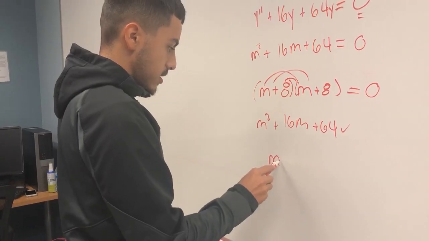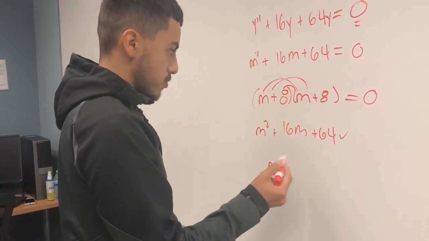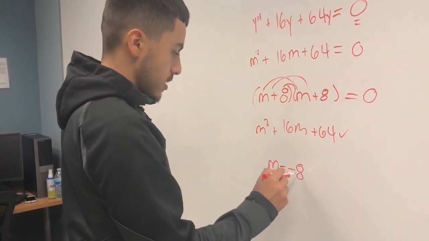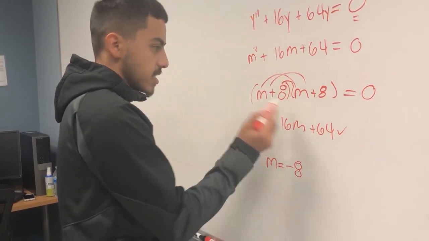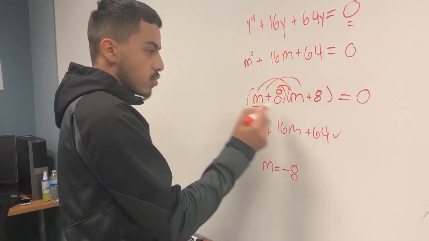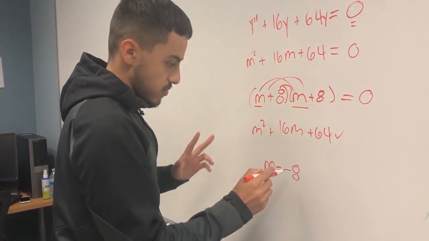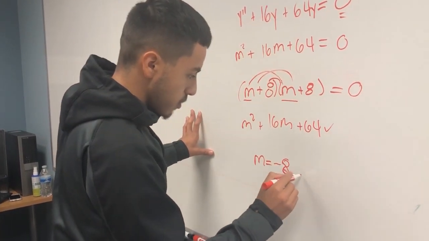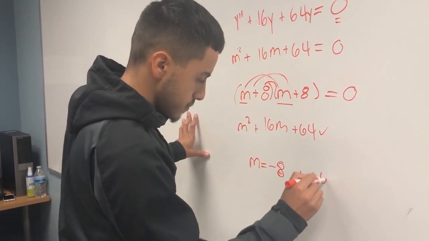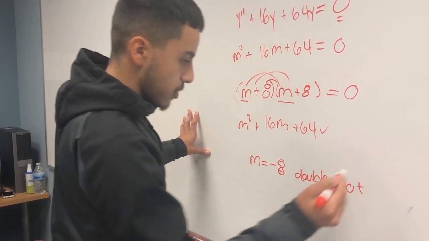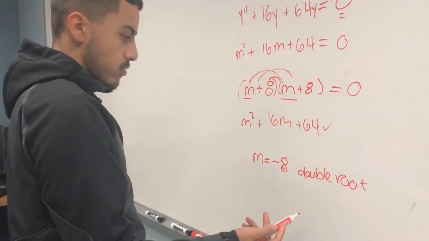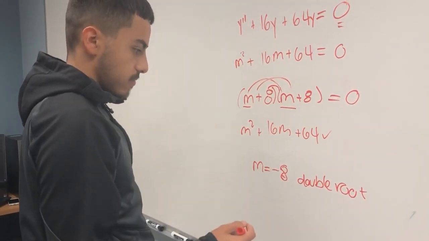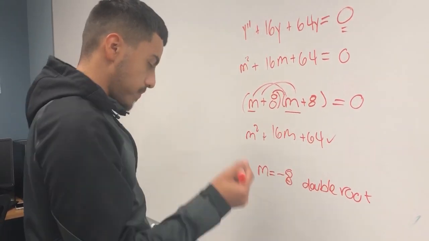Now we can say that m is equal to negative 8, and because there are two negative 8s, this becomes a double root. Okay, and if I remember correctly, when we have double roots in our solution, we're supposed to have something of the sort.